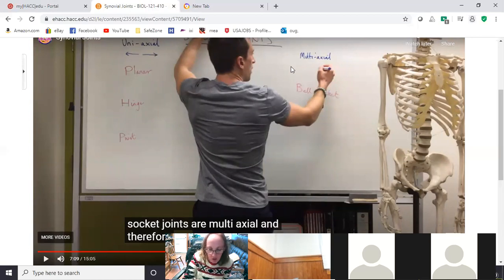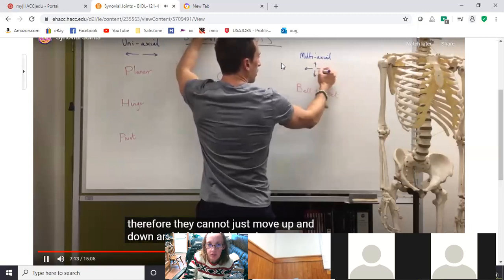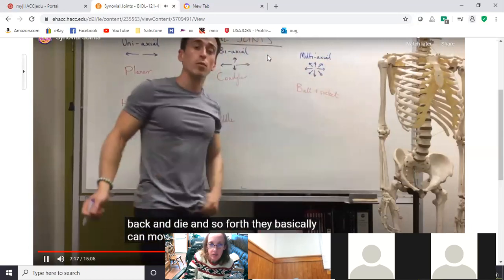So the thing that you have to remember with joints is the more movement you have at that joint, the less stable that joint is. Therefore they can not just move up and down and left and right and forward and back and diagonal and so forth. They basically can move in many dimensions.